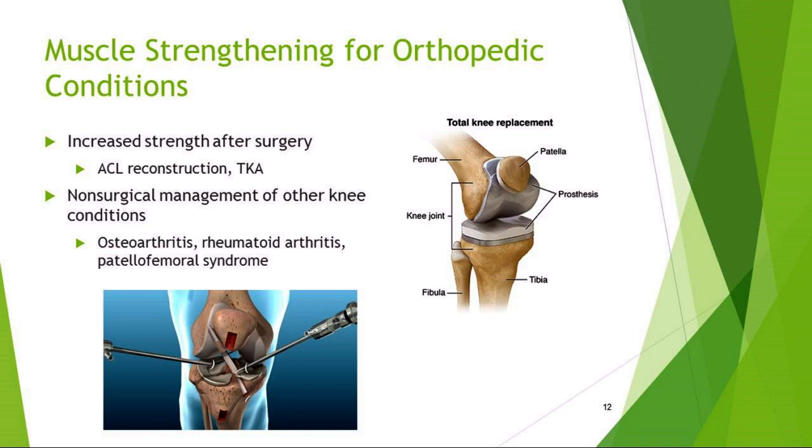So remember way back when in kinesiology when we talked about a weak VMO affecting patellofemoral syndrome? So strengthening that VMO with electrical stim might be a good treatment for patellofemoral syndrome.